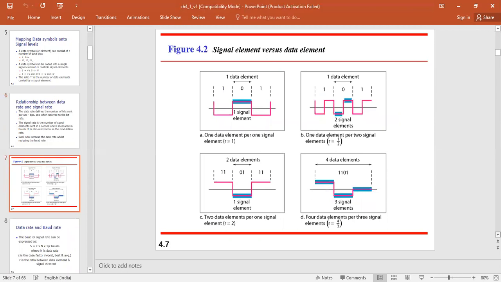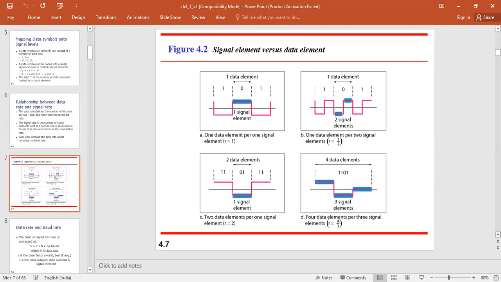So this is signal elements versus data elements. The first case is ratio 1, meaning one data element is represented by one signal element. The second case is 1/2, where two signal elements are there for one data element. The third case is ratio 2.